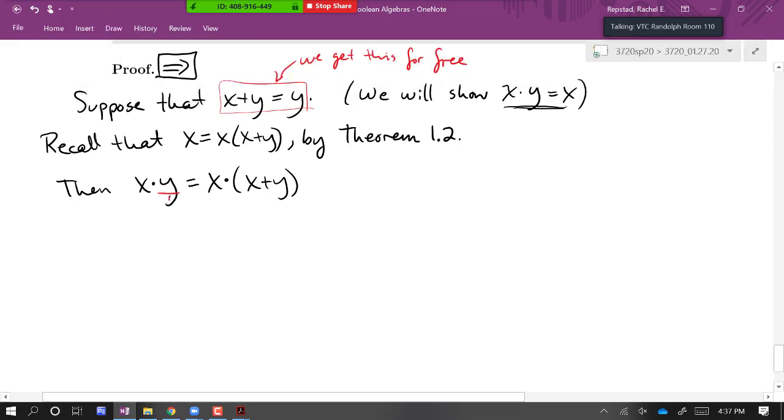Again, this right here is by supposition. And by theorem 1.2, x times x plus y is equal to x. So, x times y is equal to x.